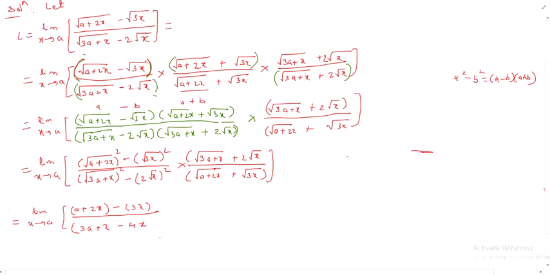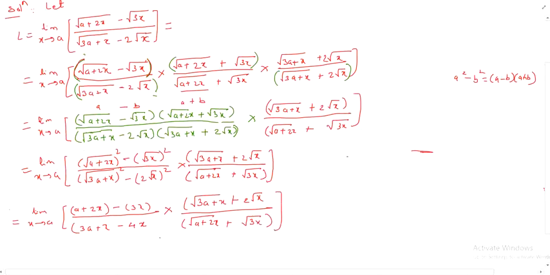So here we have into root 3a plus x plus 2 root x upon root a plus 2x plus root 3x, bracket complete.